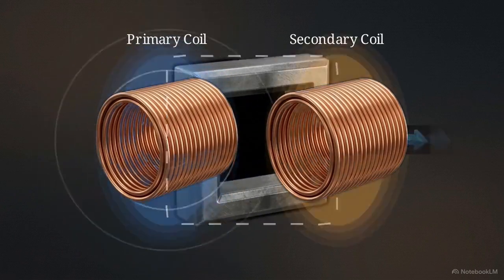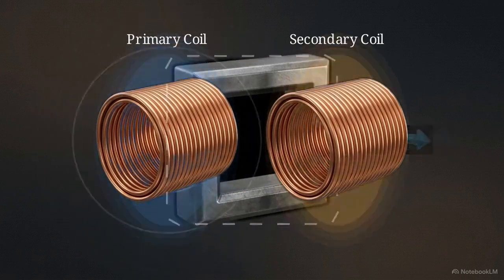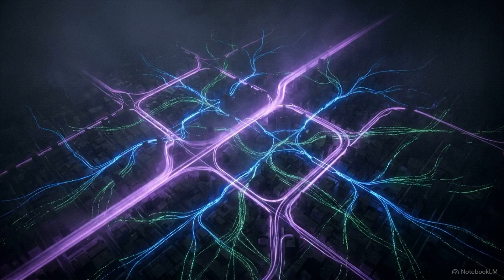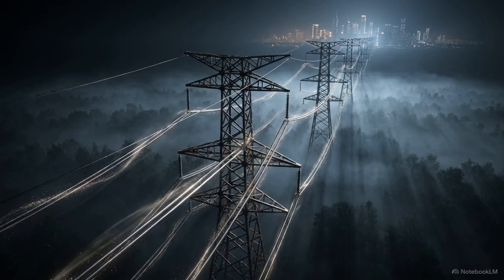As this changing field passes through the second coil, it induces a brand new electrical voltage, allowing power to jump across the gap without a physical connection. This transformer action allows us to alter voltage levels at will. It is the invisible bridge that makes the global electrical grid possible.